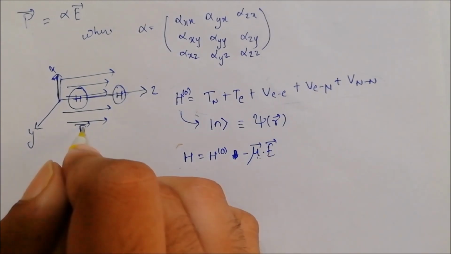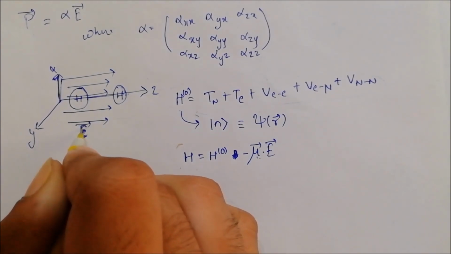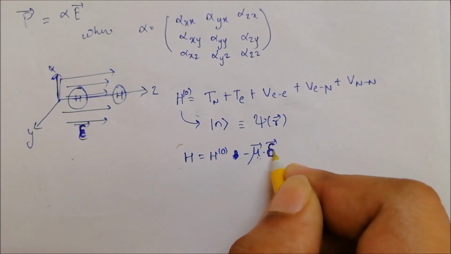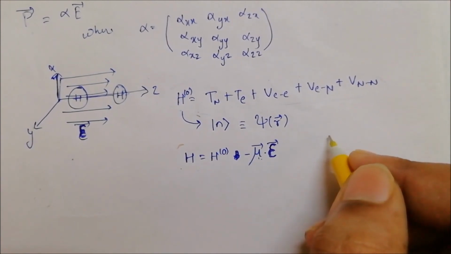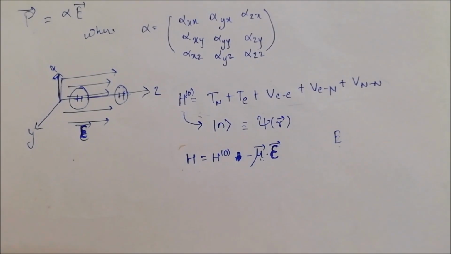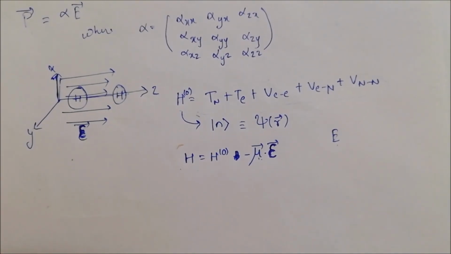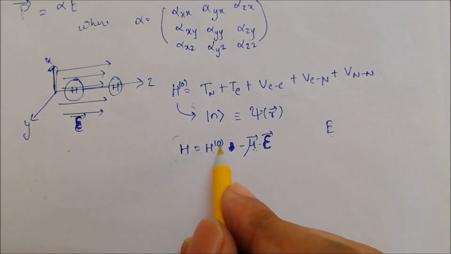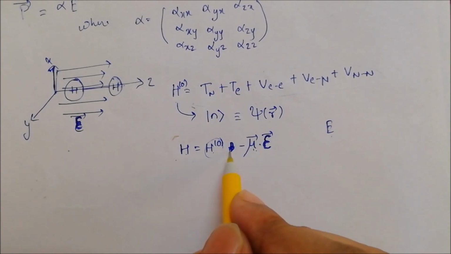Let's give this symbol to differentiate it from the energy that we will be using. So now our Hamiltonian is the initial Hamiltonian plus some perturbation. This is our present Hamiltonian.